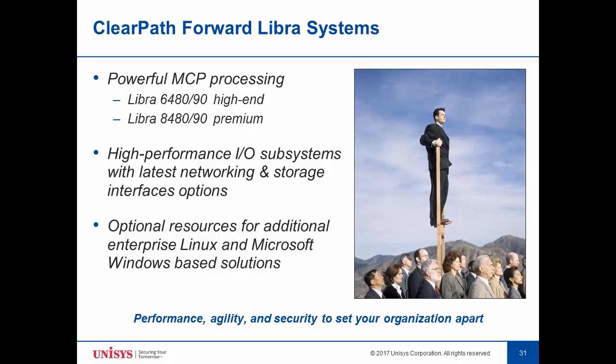These systems are paired with the high-performance I/O subsystems and the latest storage and networking designs, and all have the option for additional resources to support enterprise Linux and Microsoft Windows-based solutions.